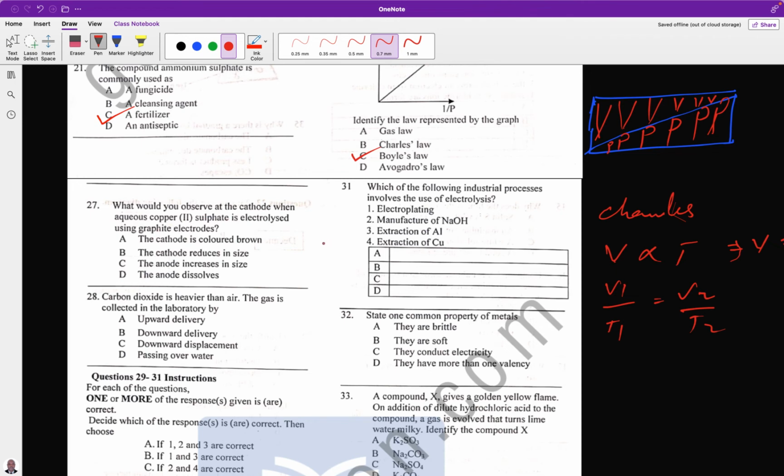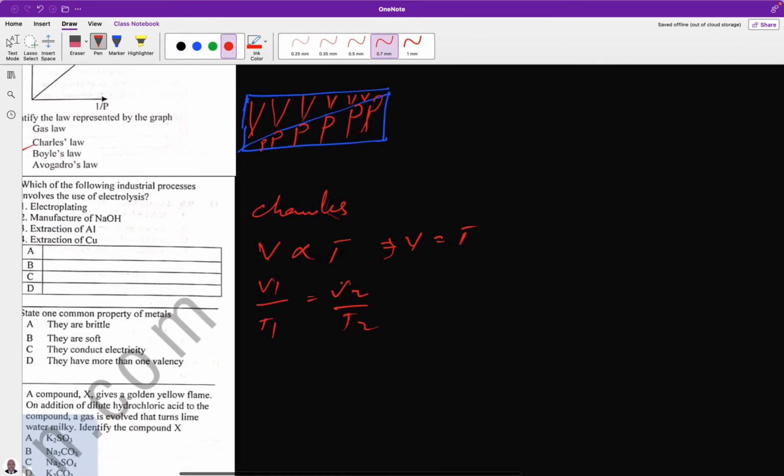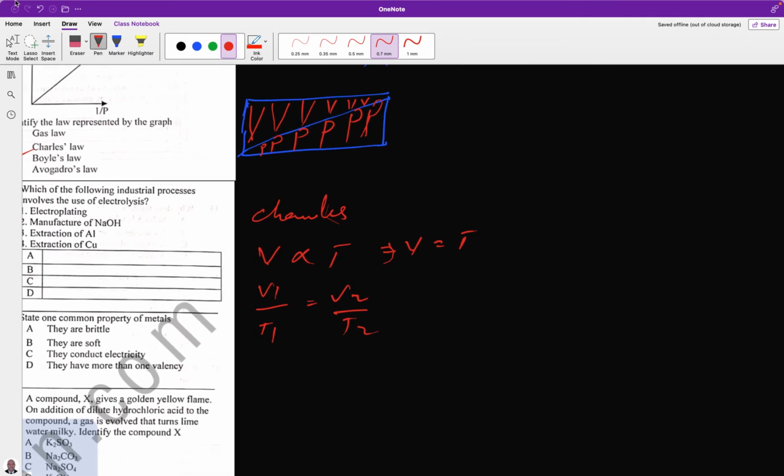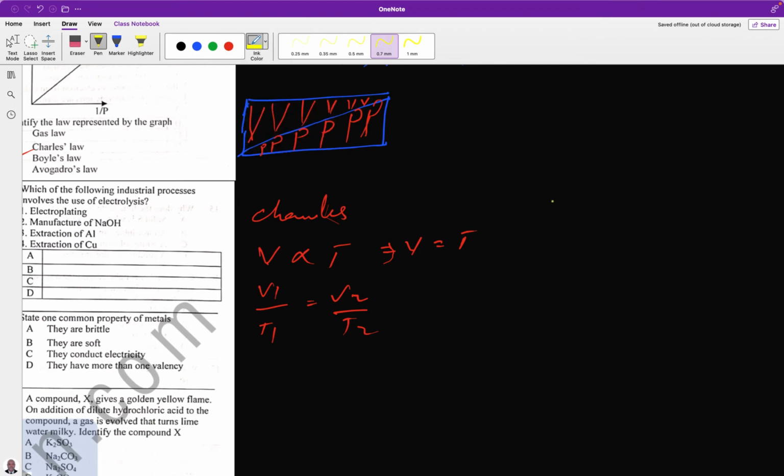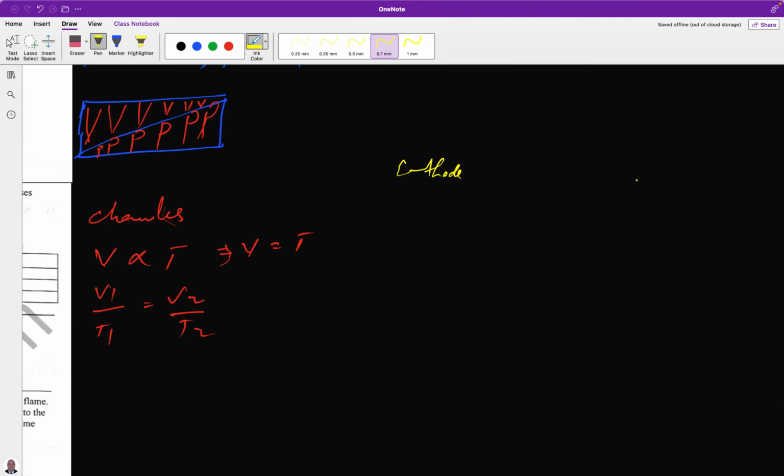Now, at the cathode, this is the cathode and this is the anode. The cathode is negatively charged, and the anode is positively charged.